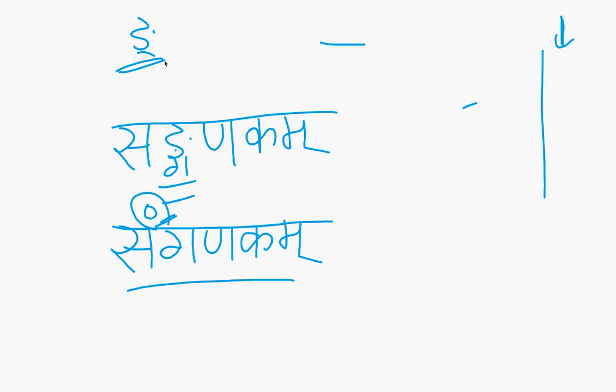So this is the dual position of the last letters here, the anunAsika letters. Similarly, nya has air passing through the nose, plus it has the palatal position. The third one has the murdha position, but air passing through the nose.